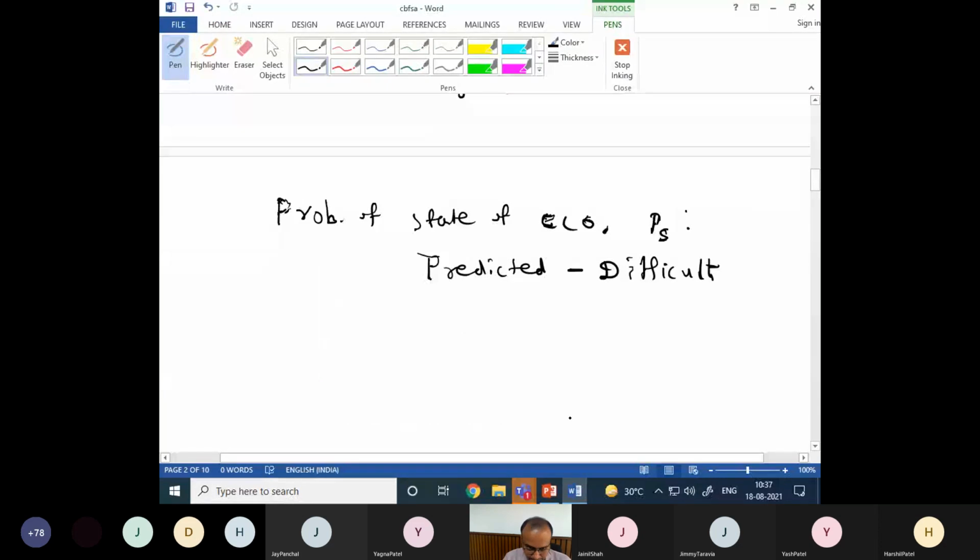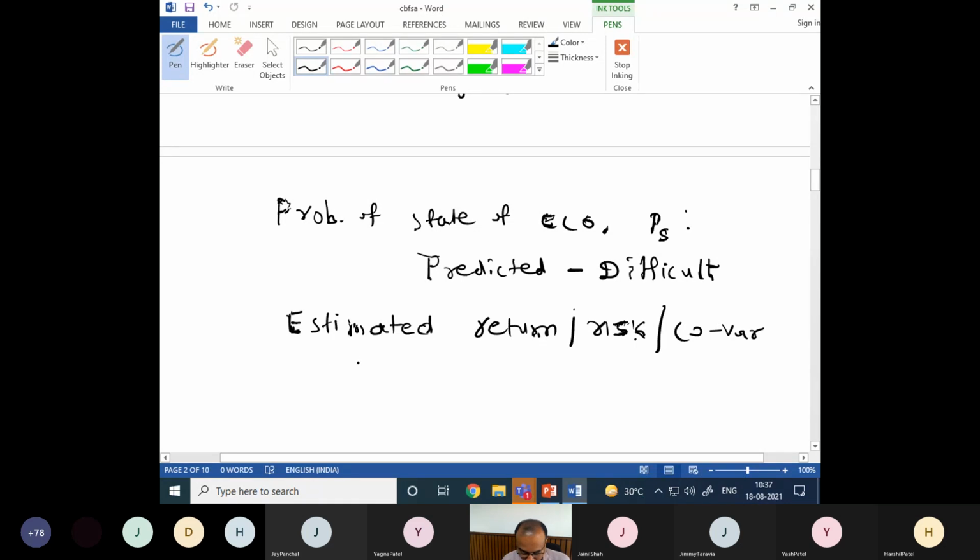What we have learned: the estimated return, risk, and covariance from historical data.